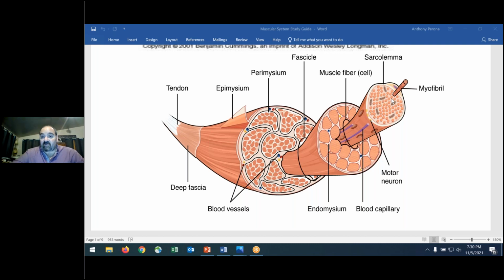And then the muscle fiber is composed of many, see all these little cylindrical structures? They are myofibrils. And then if we were to look at the myofibril, it has many little cylindrical structures, and they are myofilaments, actin and myosin. Actin are thin, myosin are thick myofilaments.